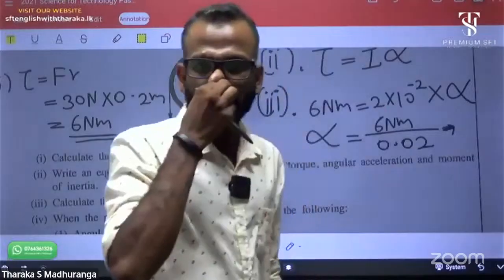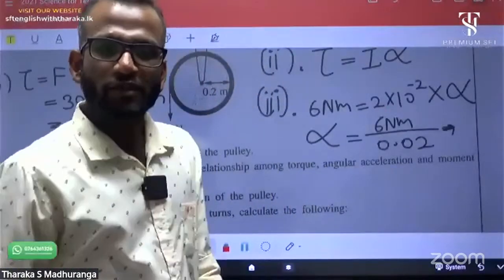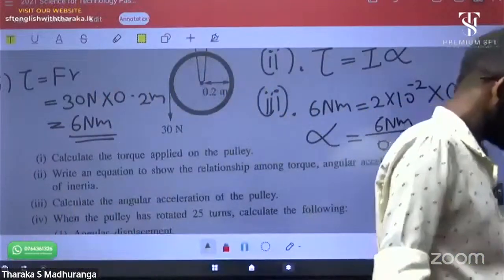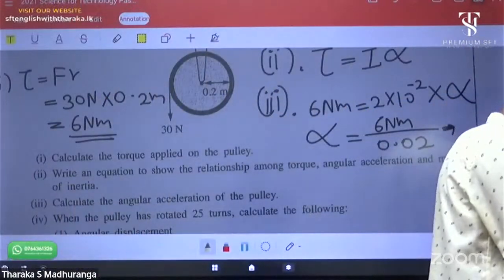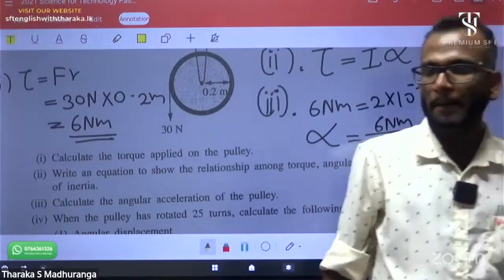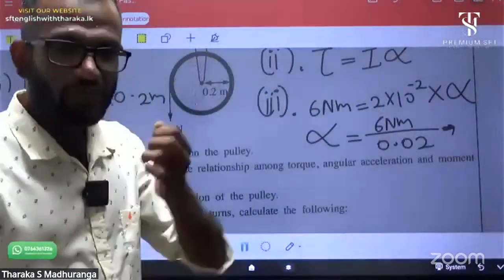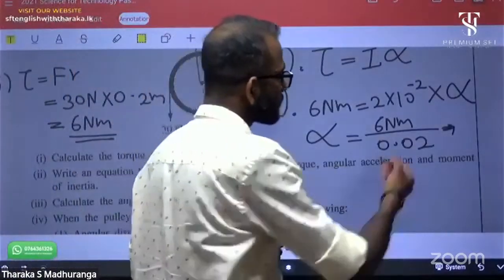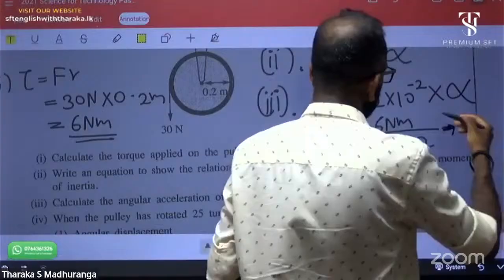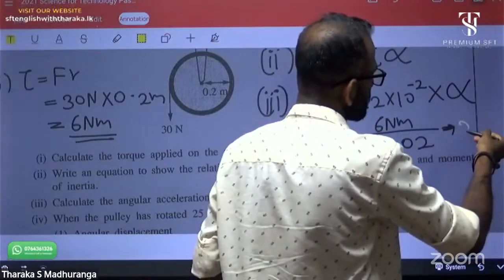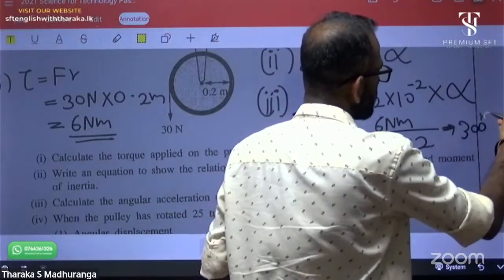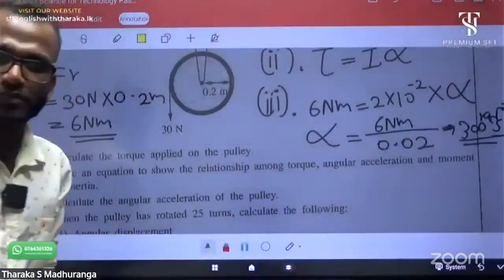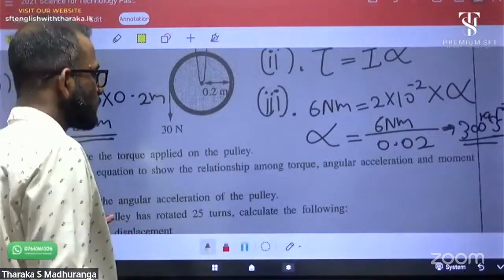Then 6 divided by 0.02. What's the answer? Quickly. That means 600 divided by 2, it is 300 rad s to the power minus 2.